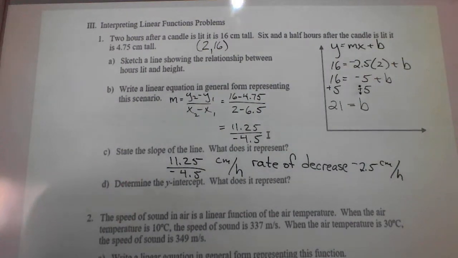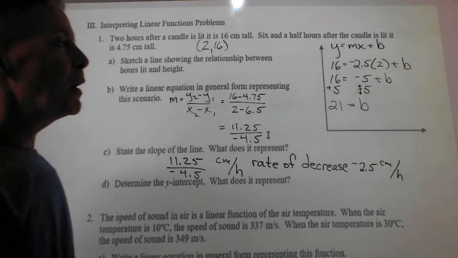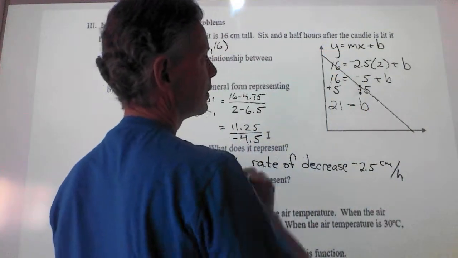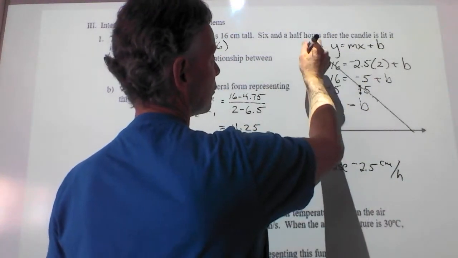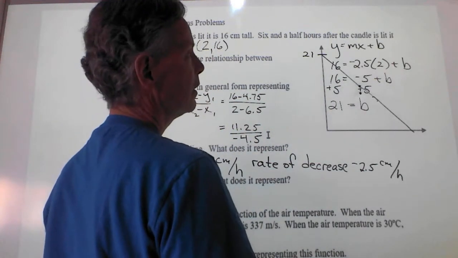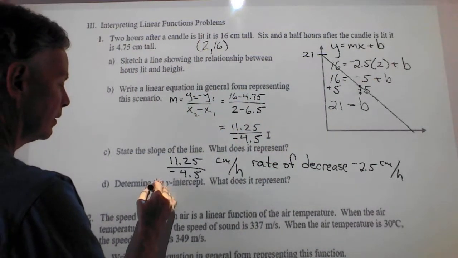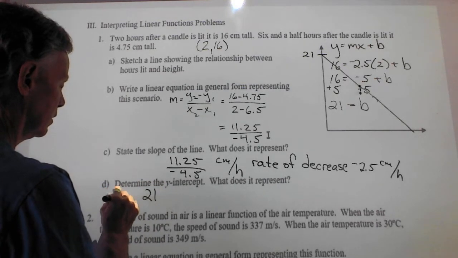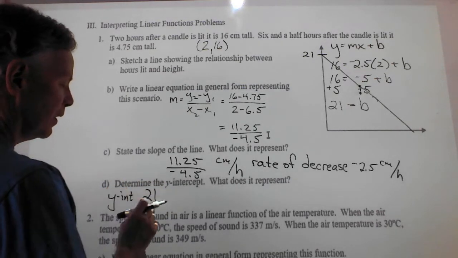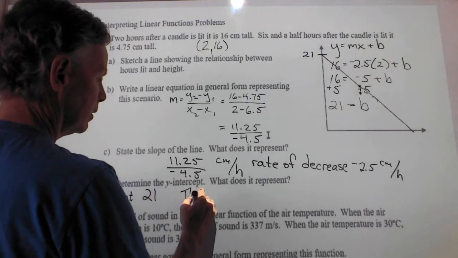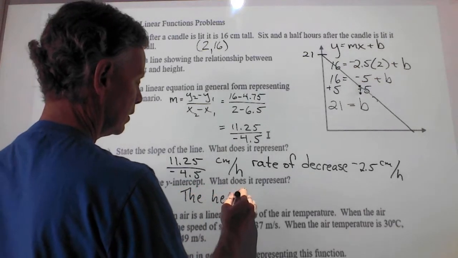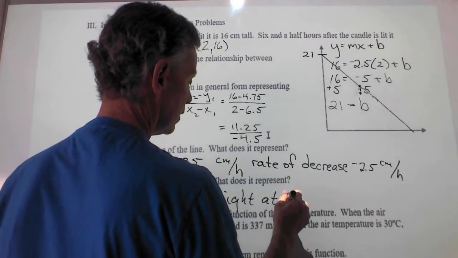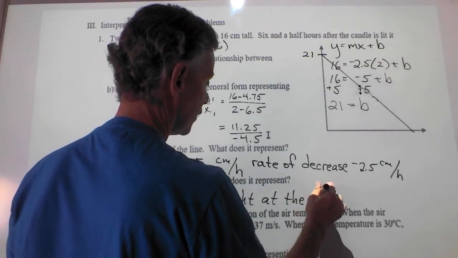What does that represent? Well, remember, we had a line that looked like this. The y-intercept is 21. What does it represent? The height at the start.